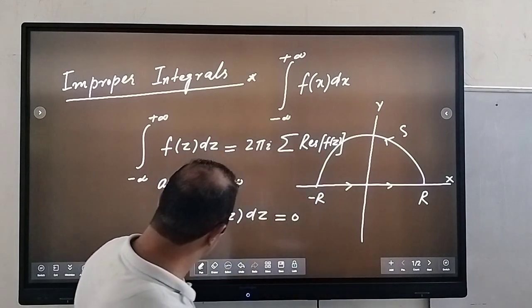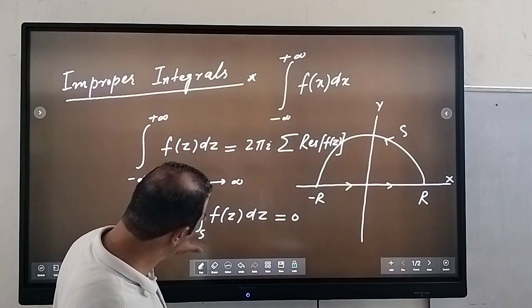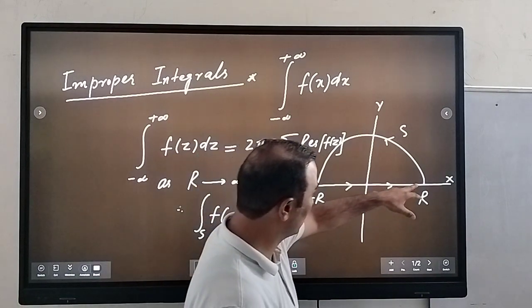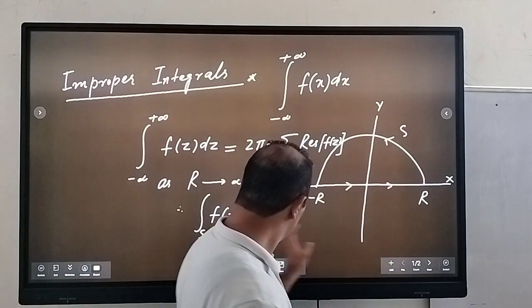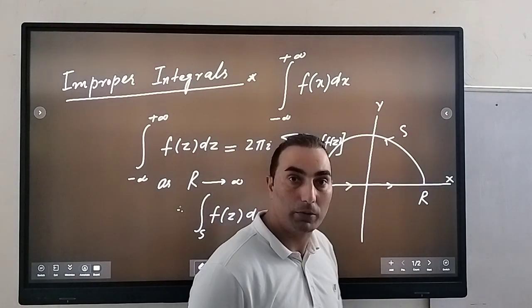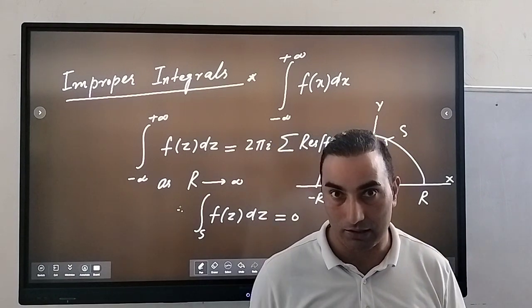So the closed integral over this curve, f of z dz, should be equal to zero. We have done that in our classwork.